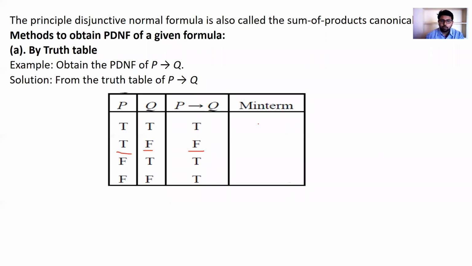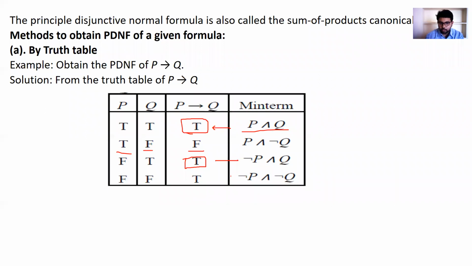So we are going to write the minimum terms for 2 power 2: P and Q, P and negation Q, negation P and Q, negation P and negation Q. We are going to write the minimum terms only for the true values.